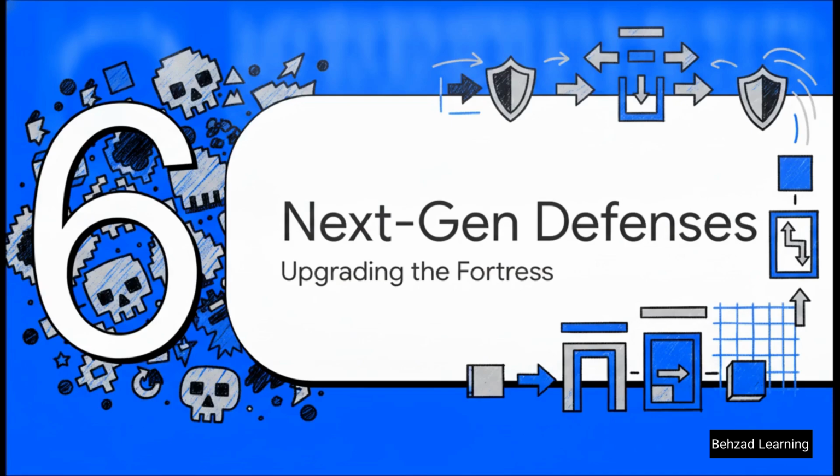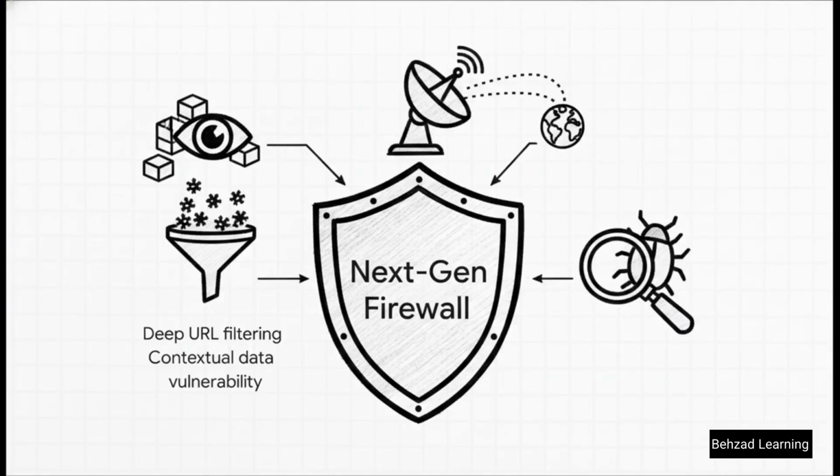Finally, Section 6. Next-Generation Network Defenses, Upgrading the Modern Fortress. As we all know, the security landscape is just an endless cycle of new attacks and new defenses, which means our perimeter tools have to evolve dramatically. Today, we're heavily relying on Cisco next-generation firewalls and next-generation IPS. These are a massive leap beyond basic signatures. We're talking features like application visibility and control, meaning they don't just see web traffic, they know exactly which specific apps are running.